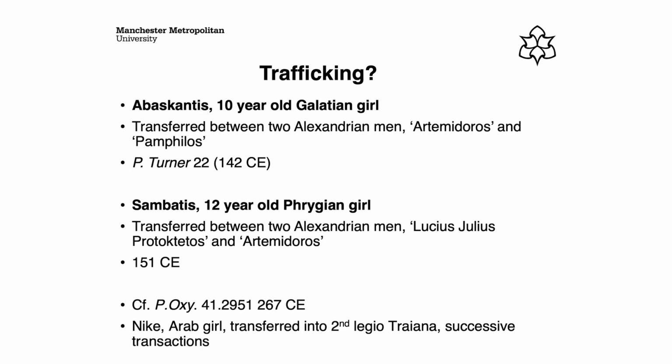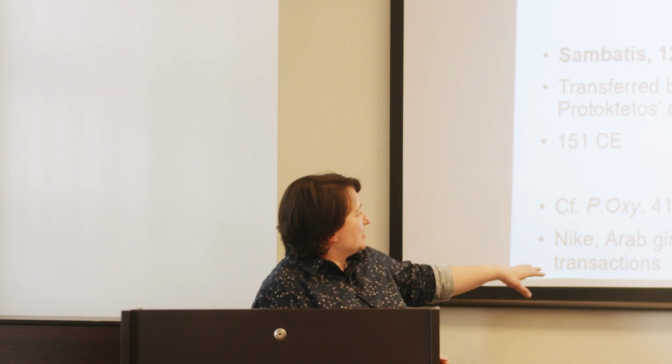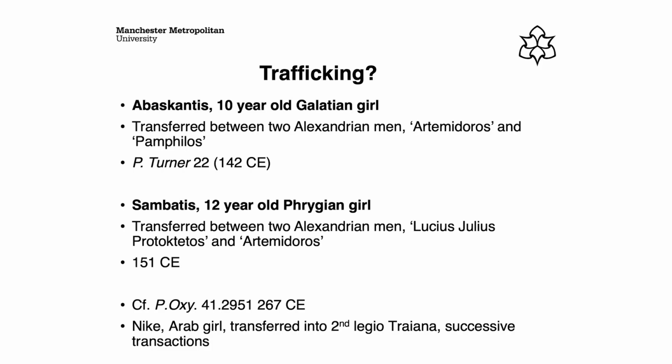We've got another Alexandrian trader shortly afterwards dealing with other Alexandrian men selling a 12-year-old girl. And we have a horrible case here of this girl, Nike, an Arab girl, transferred into a Roman legionary's care.